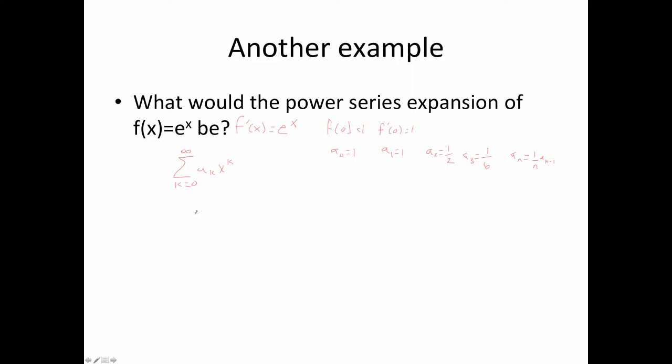And so this gives us the series, the sum k equals 0 to infinity of x to the k divided by k factorial. And again, that is e to the x.